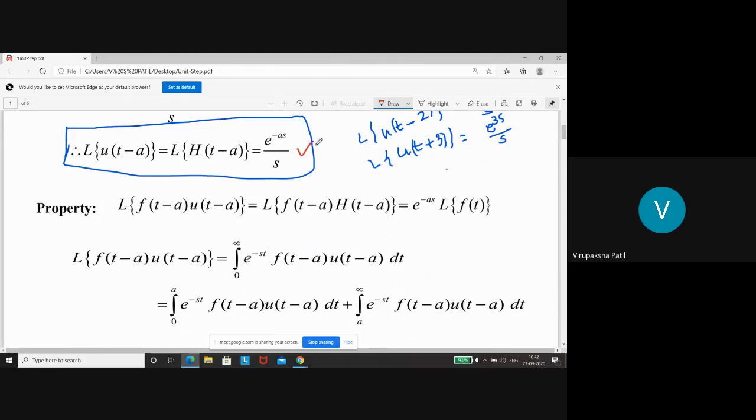Now one property we'll take here is very important. If you understand this property, the remaining things will become very easy.